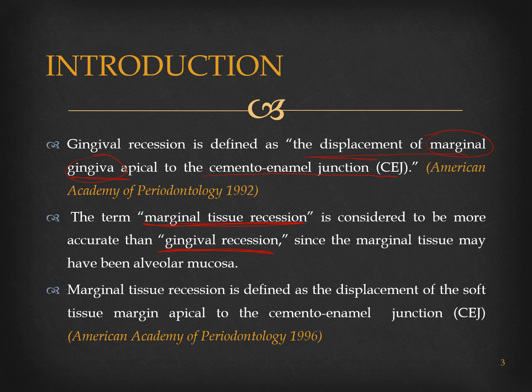But here, gingival recession basically refers to the marginal tissue recession, or the recession of marginal gingiva. So this terminology is very important. Marginal tissue recession is defined as the displacement of the soft tissue margin apical to the CEJ. Again, it was revised in 1996 by AAP, and gingival recession was replaced by the term marginal tissue recession.